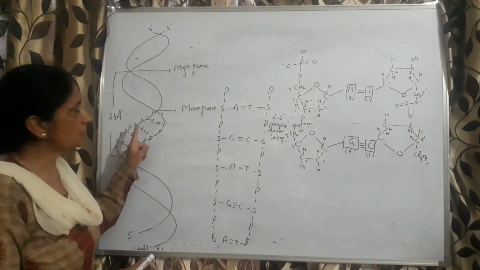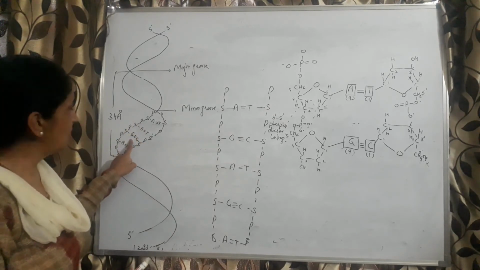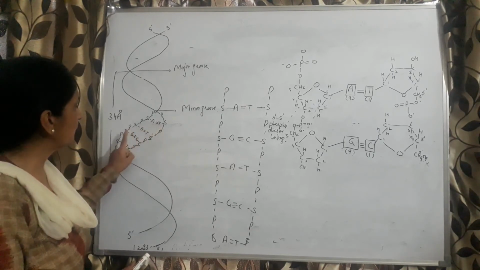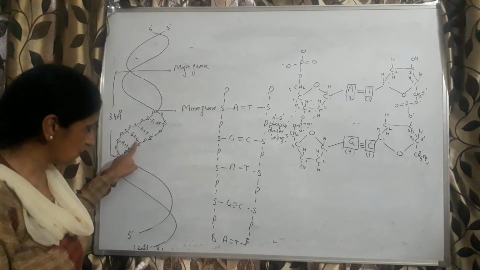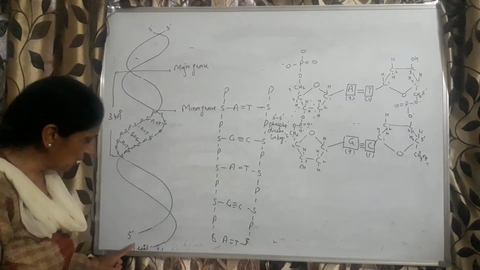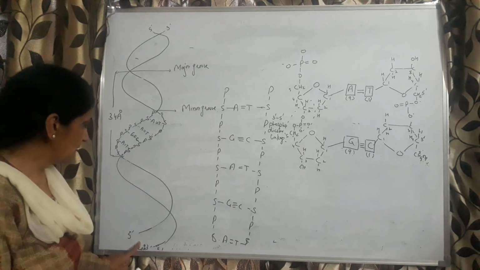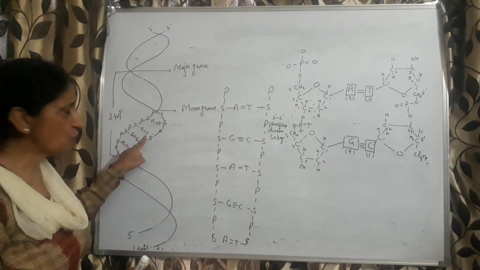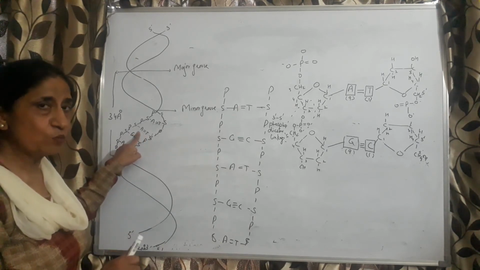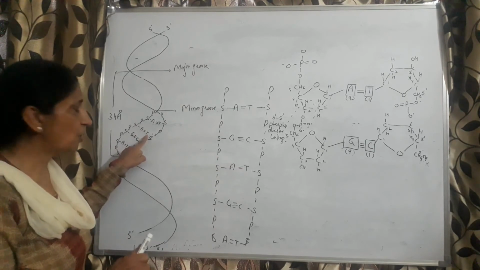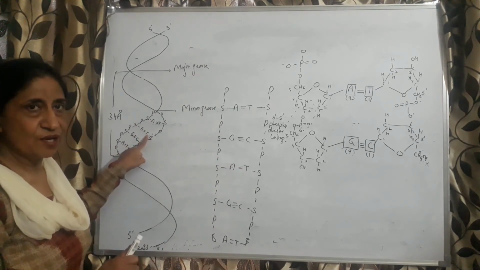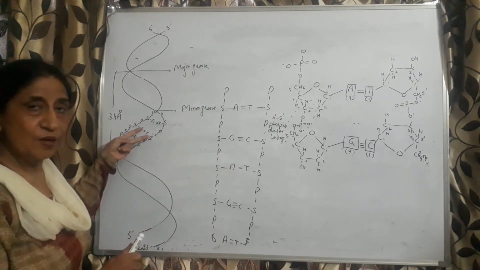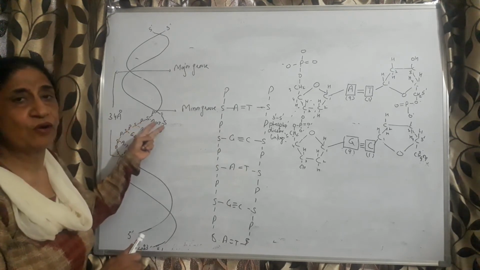The second point to be cleared is why purines always pair with pyrimidines, and why adenine always pairs with thymine and guanine always pairs with cytosine. The reason is that the diameter of this double helix is 20 angstrom units. This much space can accommodate one purine and one pyrimidine, because purines are made up of a double ring and occupy more space, while pyrimidines are made up of a single ring and occupy less space. Further, why does adenine always pair with thymine?